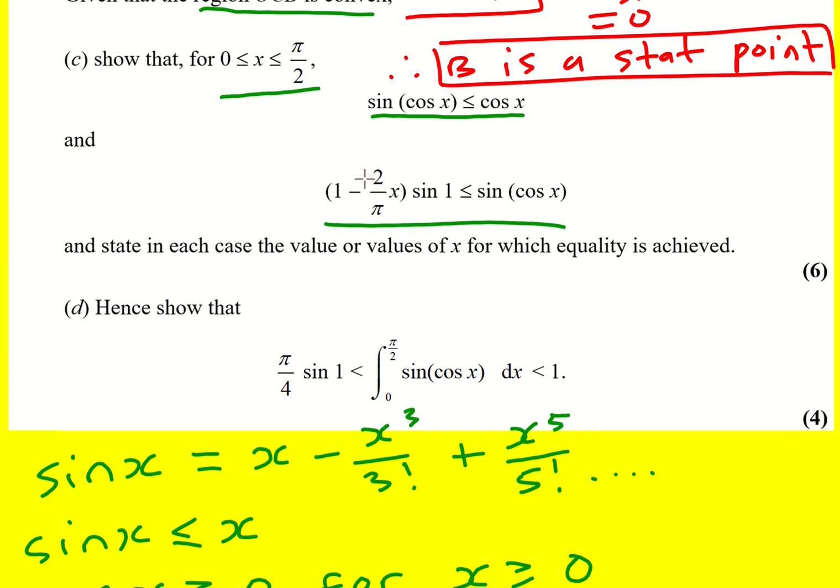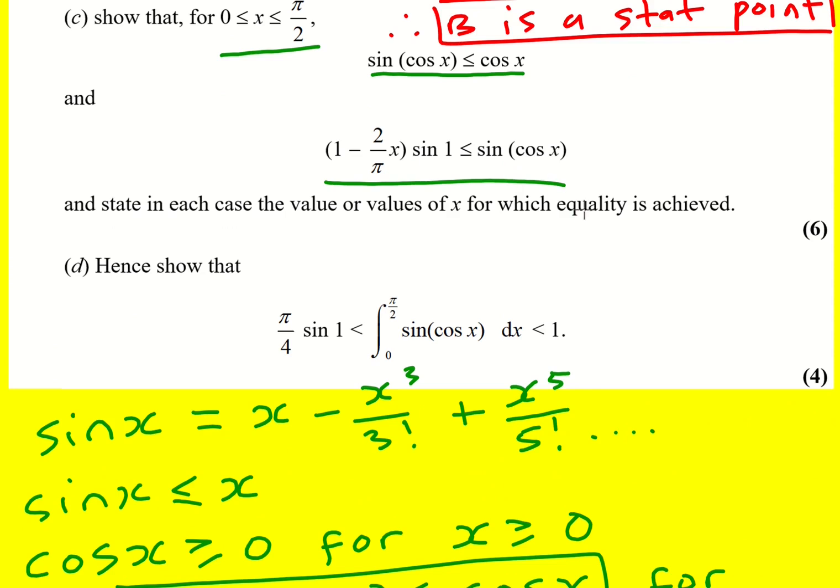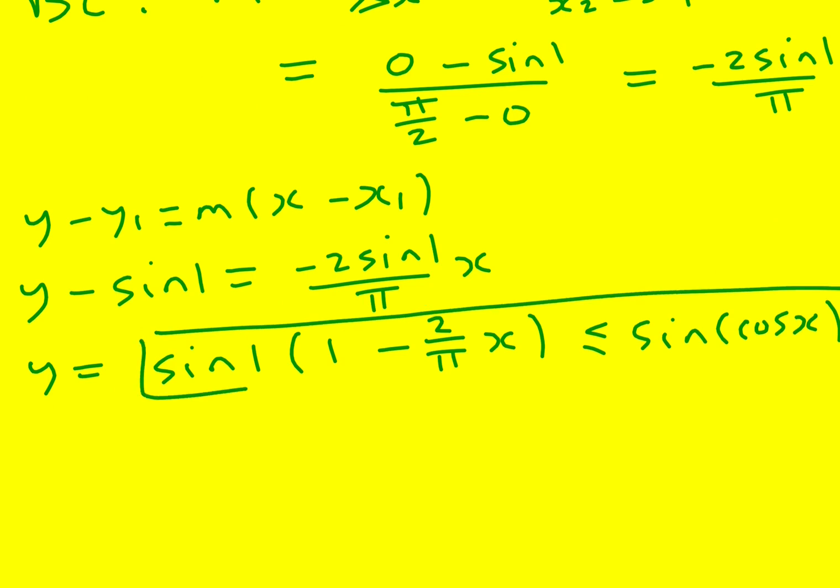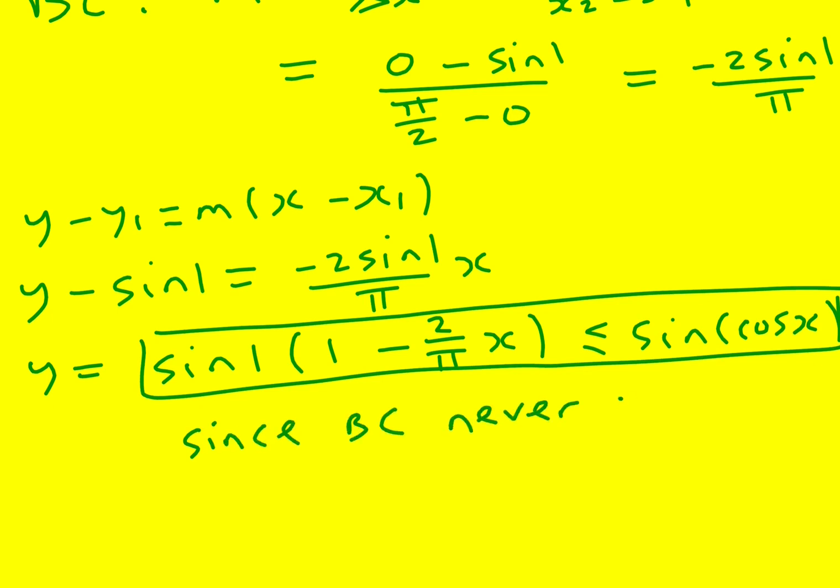So I know that this here is less than or equal to sine cos x, since BC never goes above the curve.